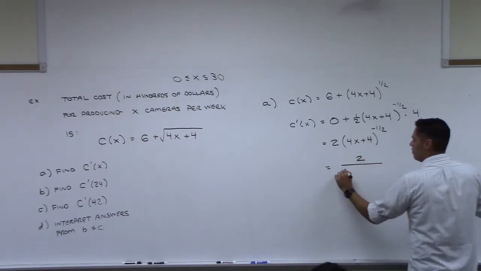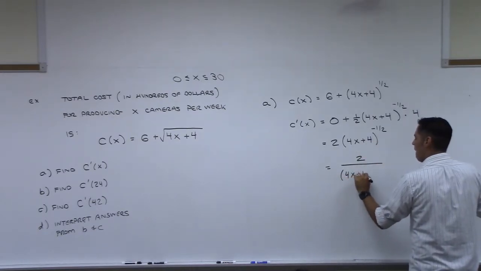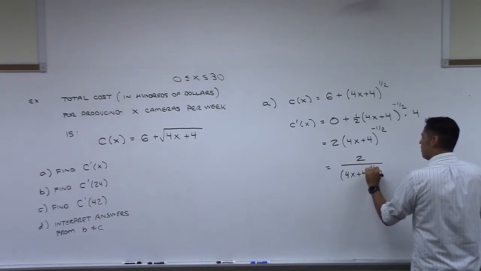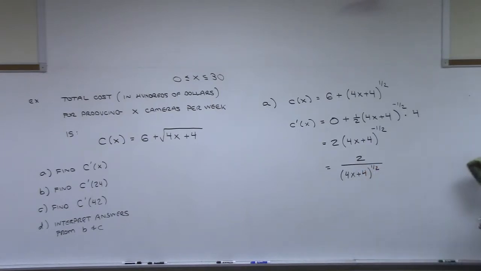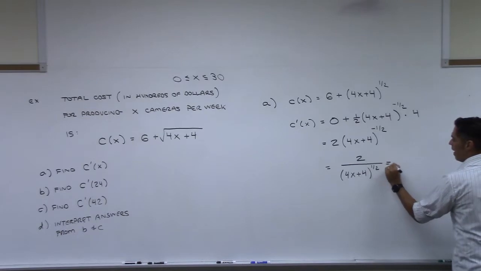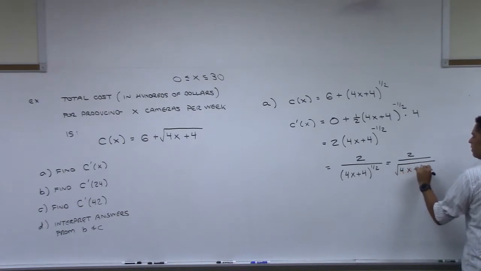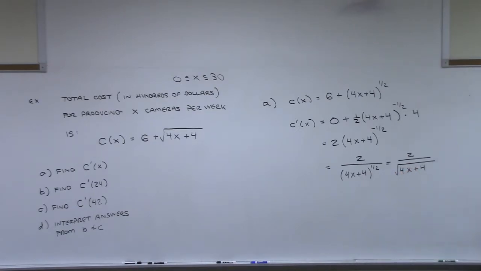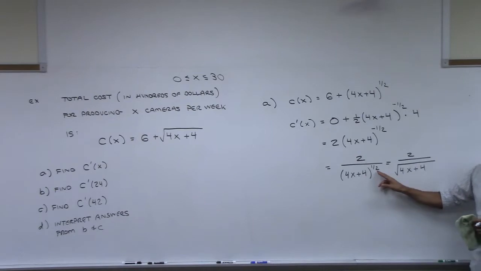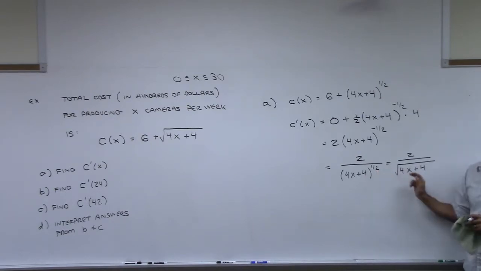It becomes 4x plus 4 to the positive 1/2 this time. And that is really the square root, because it's 1/2. If this was 3/2, then no, we couldn't do this. But because it's 1/2, I can go back to the square root. So there's our derivative. That's the answer to part A.